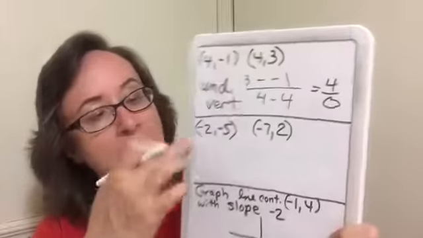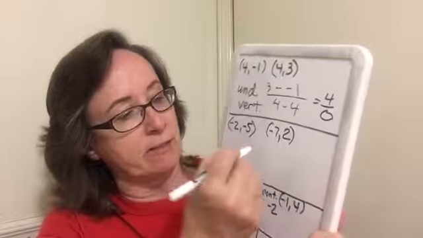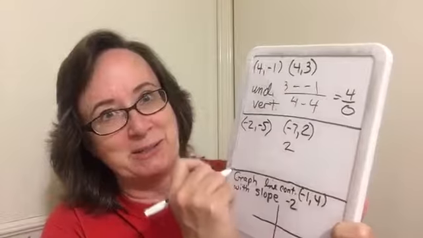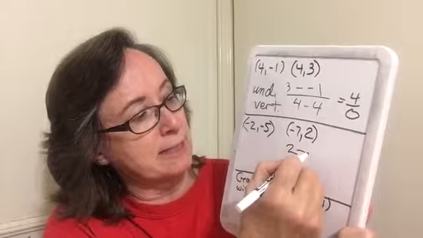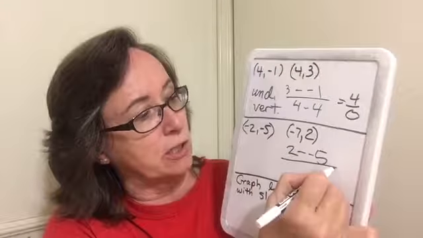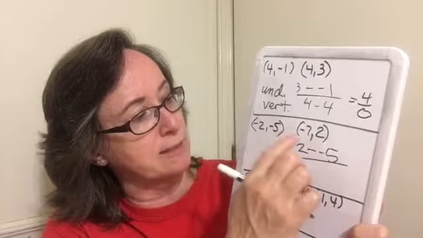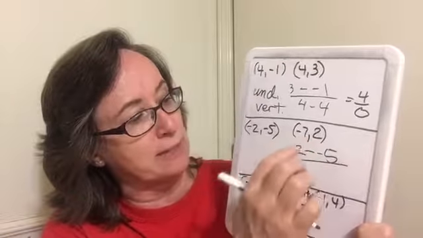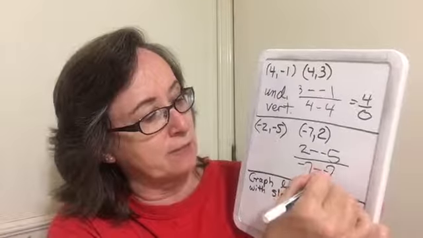Okay, so now we have 2 points, and we're going to subtract their y values first. On top, 2 minus a negative 5, the difference in my y's, over the same point I started with before, negative 7 minus a negative 2.